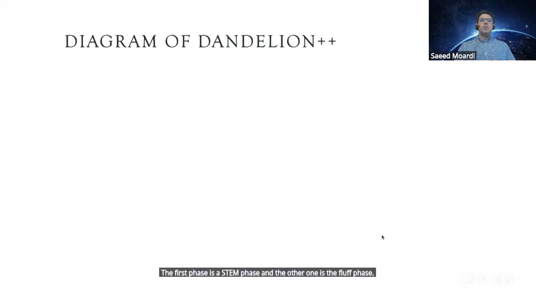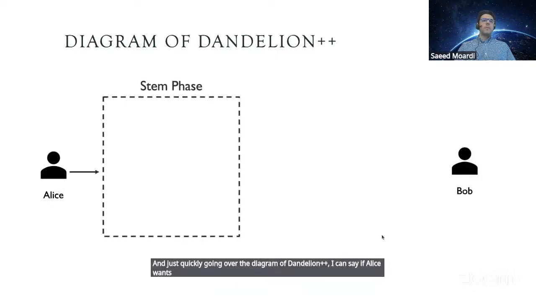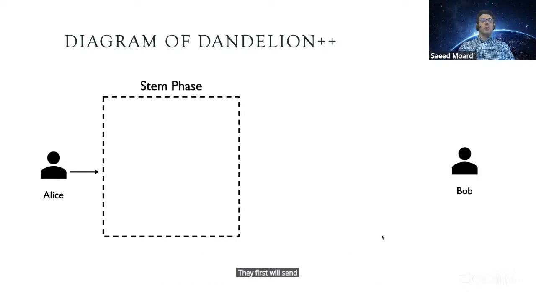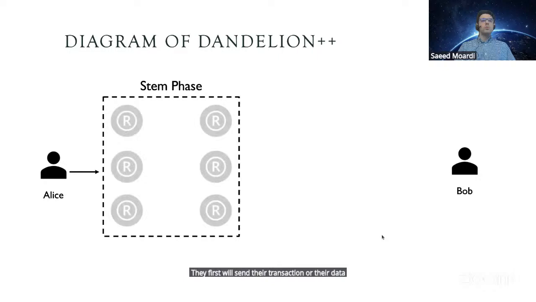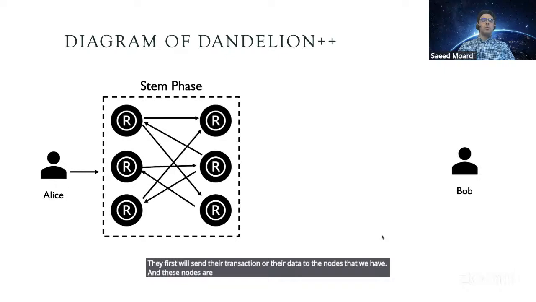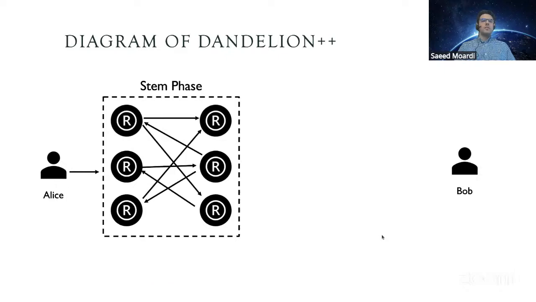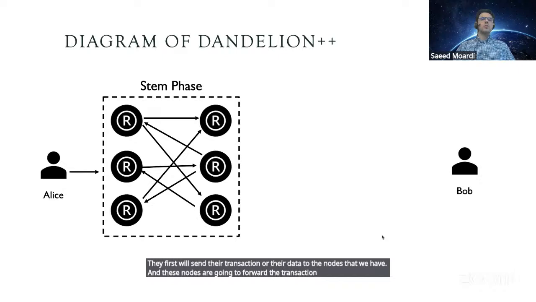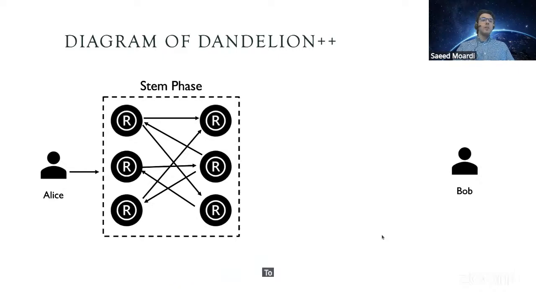And just quickly going over the diagram of Dandelion++, if Alice wants to send something to Bob, she first will send her transaction data to the nodes that we have. These nodes are going to forward the transaction to each other randomly several times.